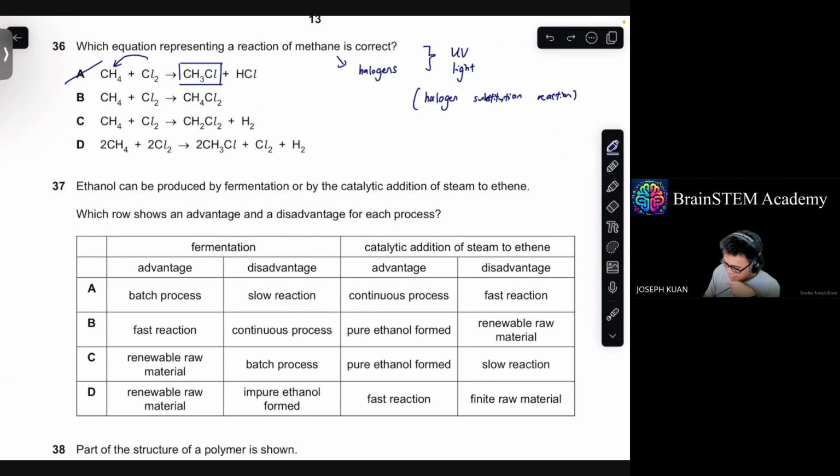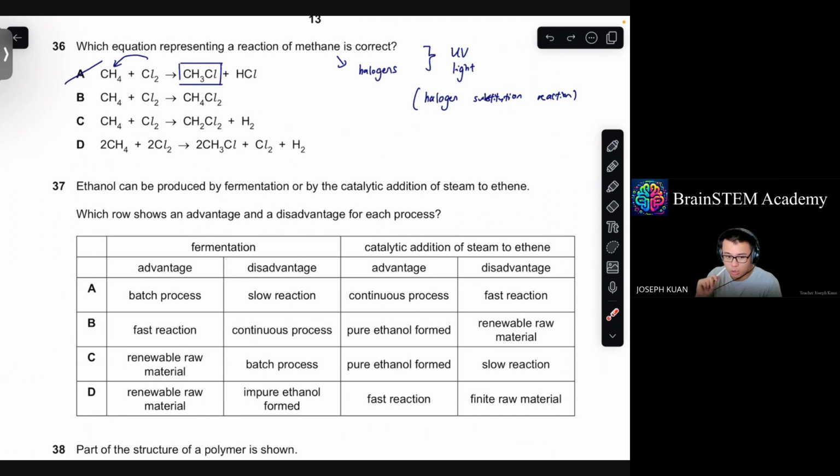All right, my bad for saying the wrong word just now. This is substitution, not displacement. Displacement is a different reaction. I'm so used to the halogen displacement reaction. Let's double check the answer. Yeah, it is A. Methane reacts with chlorine gas, forming chloromethane and also hydrogen chloride gas. The answer is A.